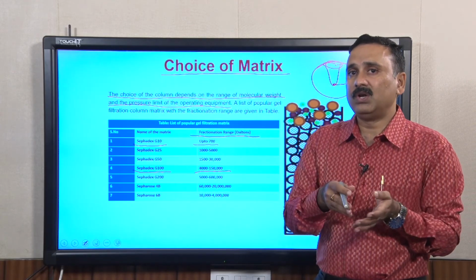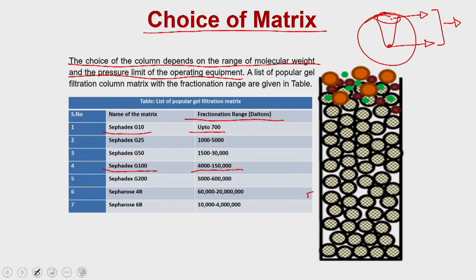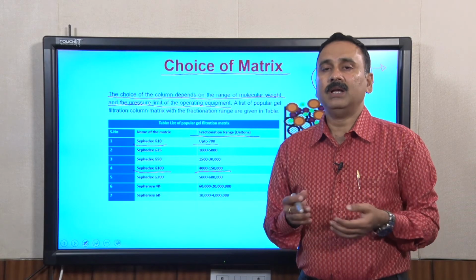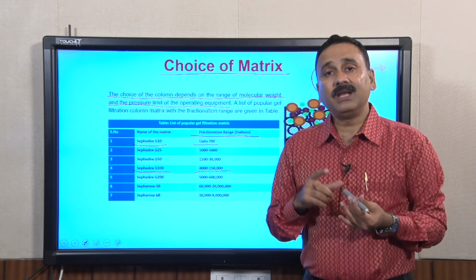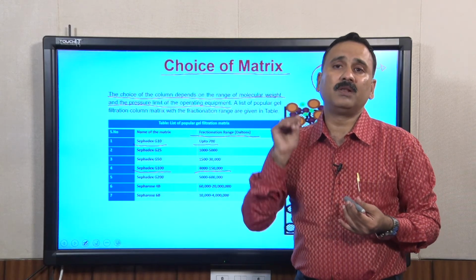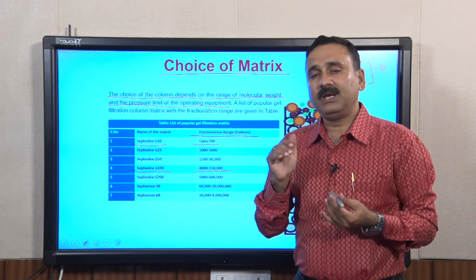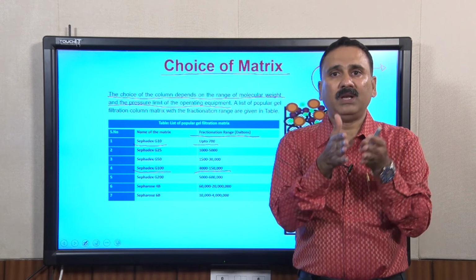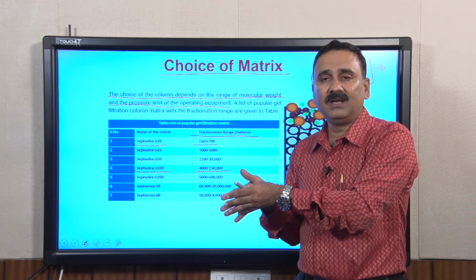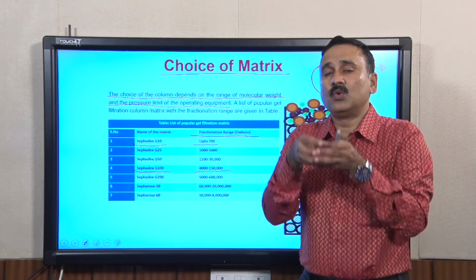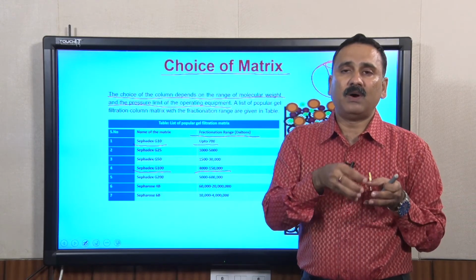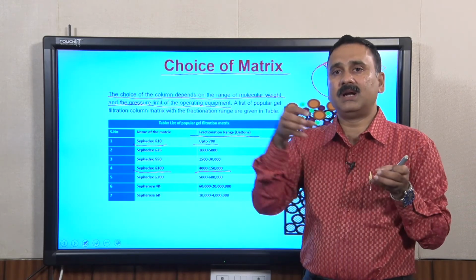But if you take a molecule larger than this, for example 180 kilodalton, that does not mean it will not be resolved, but the separation between 150 and 180 will be poorer compared to resolving 120 and 150.